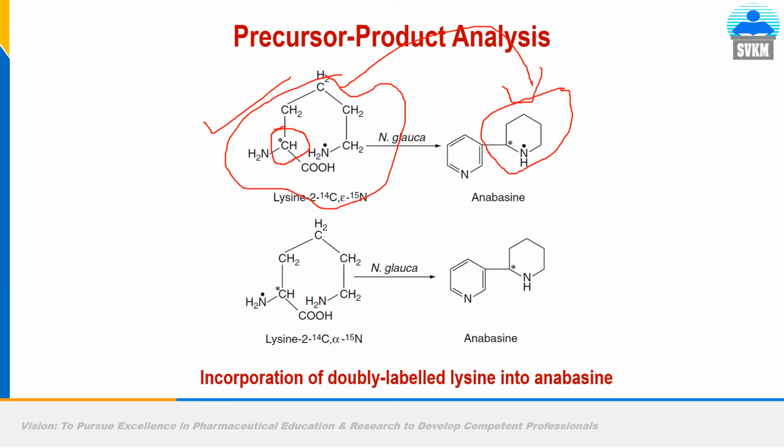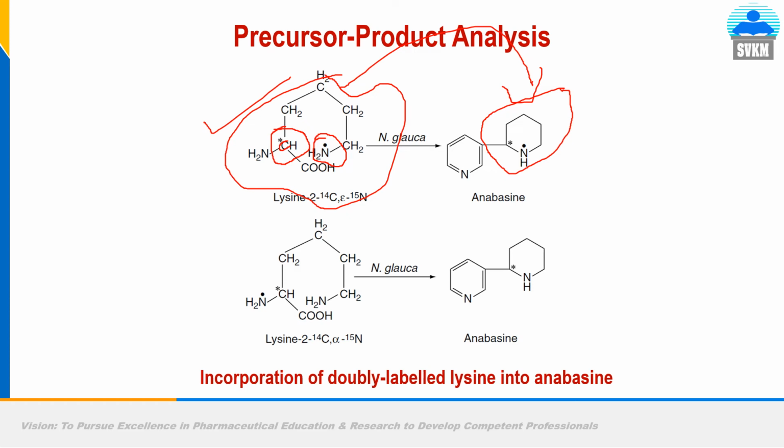The moment we replace this normal carbon with the radioactive carbon, it will be called radiolabeled lysine, because lysine is having a carbon which is not the normal carbon but the radiolabeled carbon. So this is the lysine in which this particular carbon has been replaced by the isotope of carbon, that is 14C. And here this nitrogen is not the normal nitrogen, it is the isotope of nitrogen.